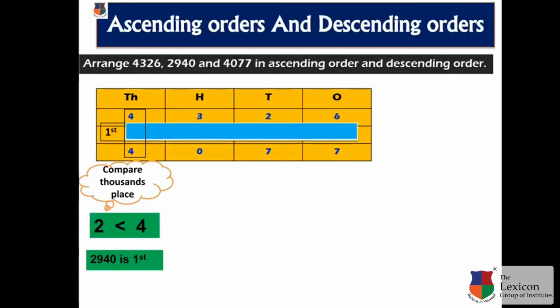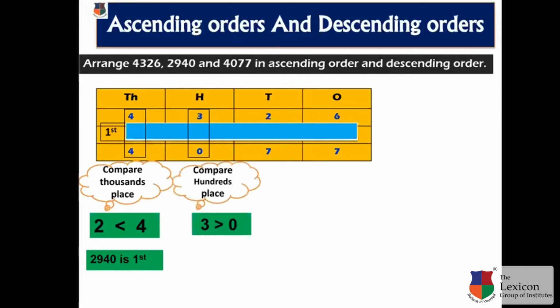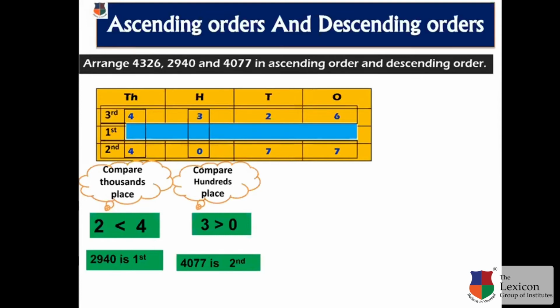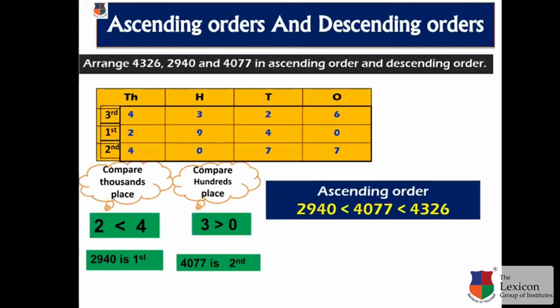Then I will compare the first number and the third number. Now I will compare the hundreds place. Here I can see 3 is bigger than 0, correct? So 4077 will come at second place in ascending order. Now, which number is left? Yes, 4326, and this number will go at the last position.